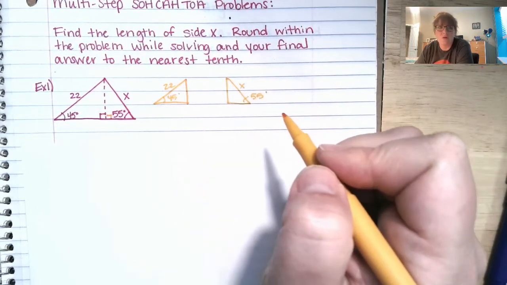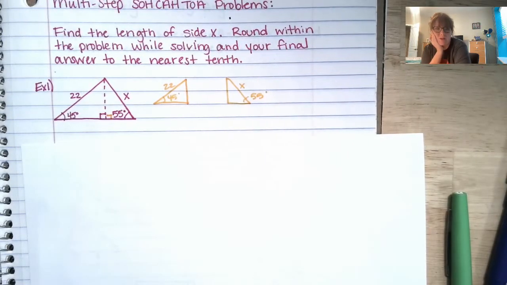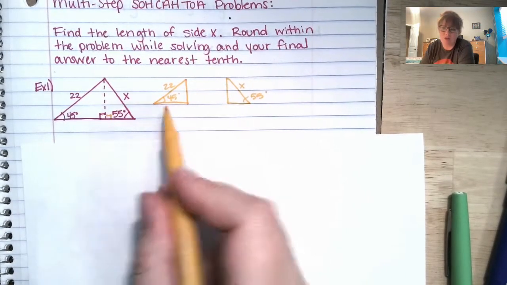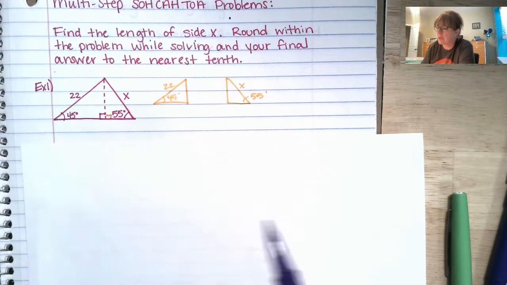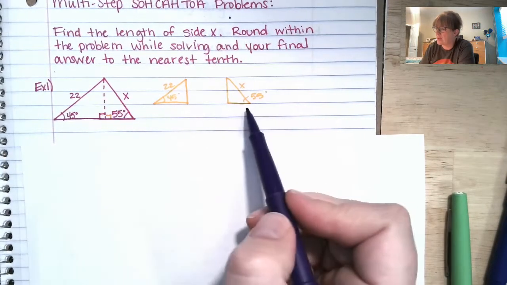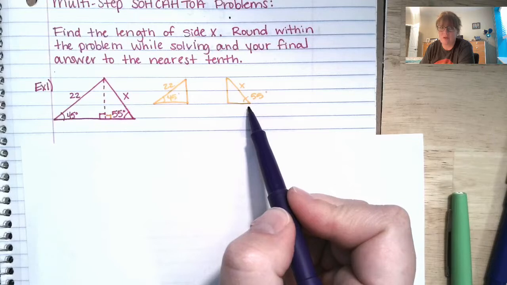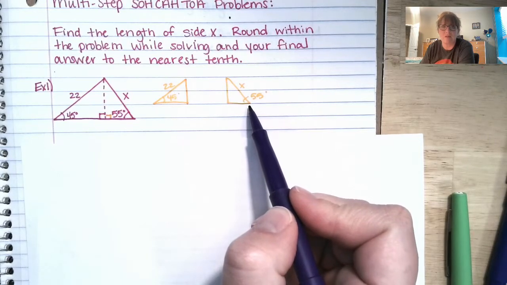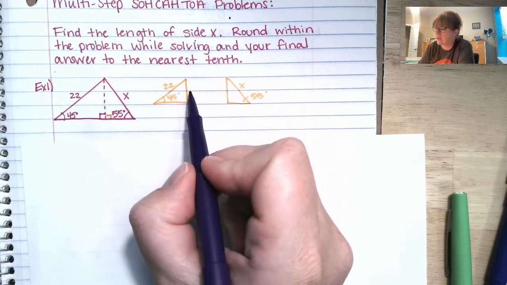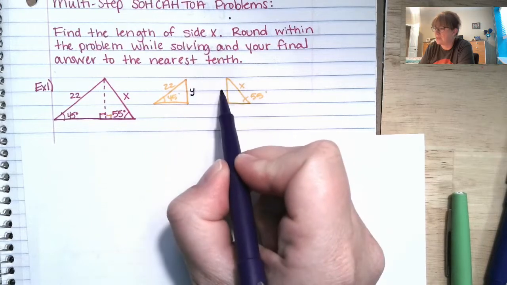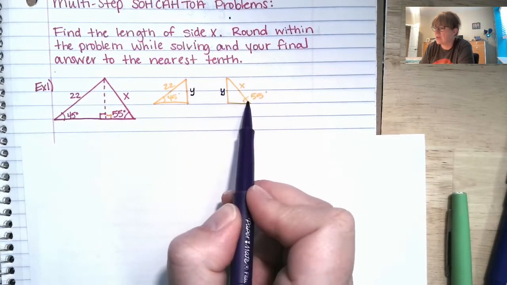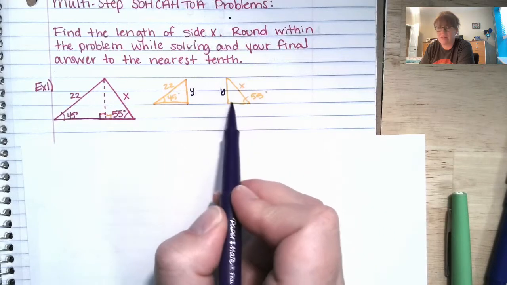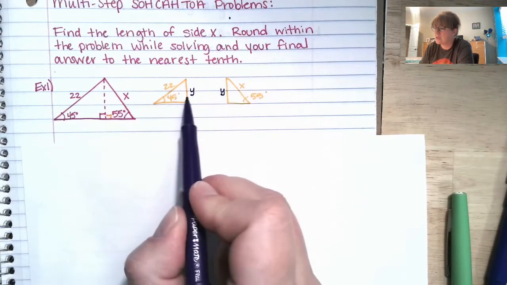We could use a reference triangle if we wanted to, but now we know how to do trigonometry without reference triangles, which might be a little nicer. For this one we don't know anything but the angle, so we have to have another piece of information. If we find out this side, that would also be this side. So we could figure out this value, and then over here we could use sine to figure out that x value. So let's start doing that one.